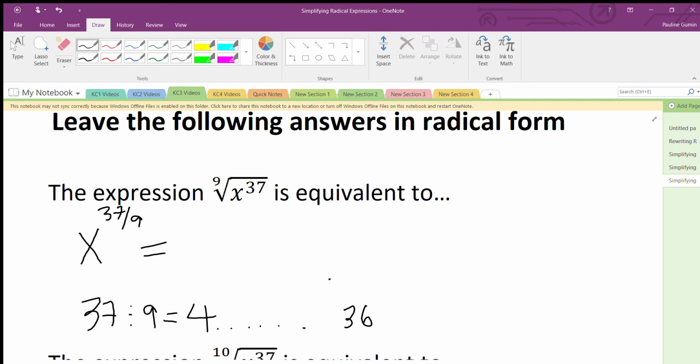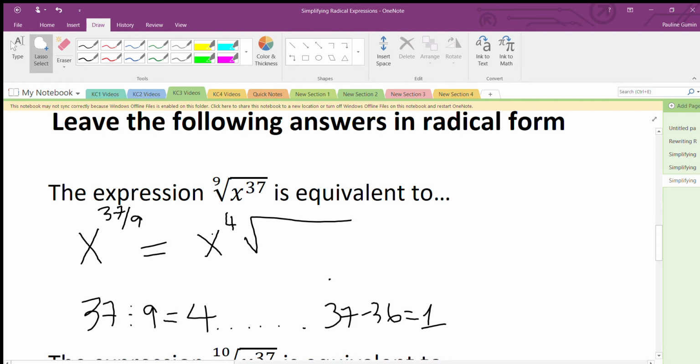So 37 minus 36 has a remainder of 1. So we are left with a perfect x to the 4th, because that's the whole number, but we're left with 1 left over x, which goes underneath the 9th root.